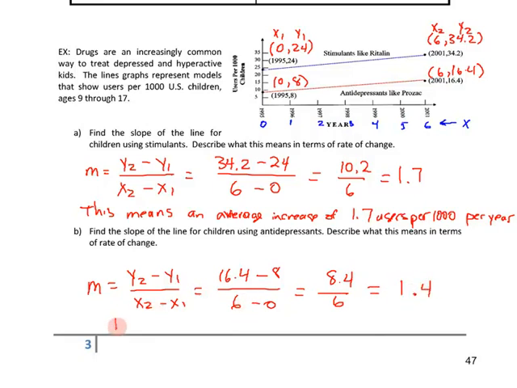This is an increase of 1.4 users per 1,000 children each year, or per year. Either way you say that's fine.